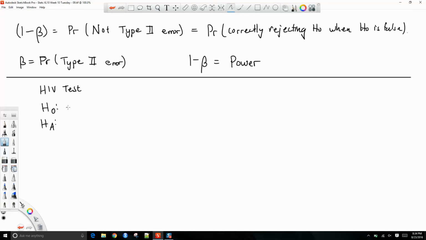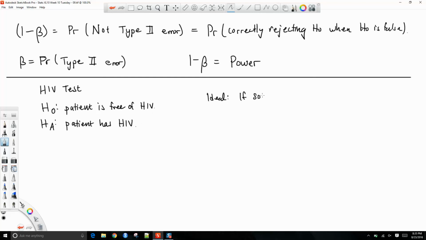So the null hypothesis would be the patient is free of HIV, and the alternative would be the patient has HIV.